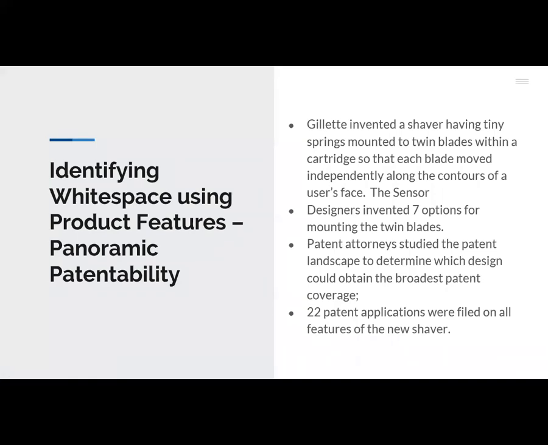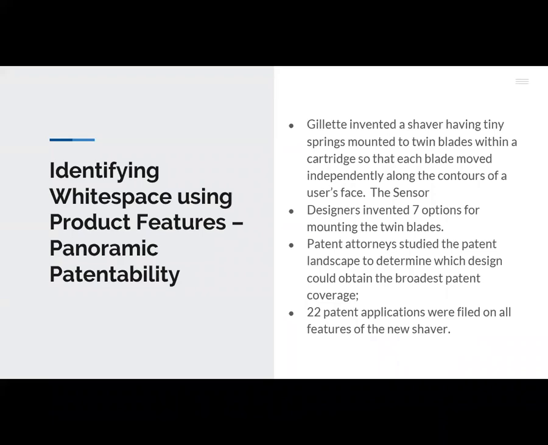Designers invented 7 options for mounting the twin blades in order to protect those options so that they would not fall into the hands of competitors. Patent attorneys studied the patent landscape to determine which design could obtain the broadest patent coverage. 22 patent applications were filed on all features of the new shaver.